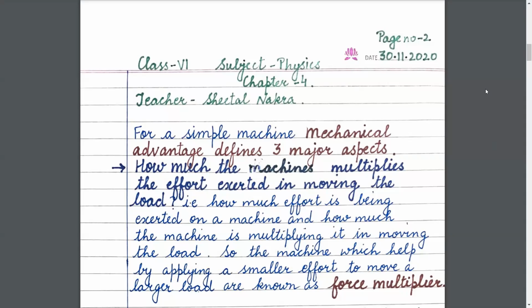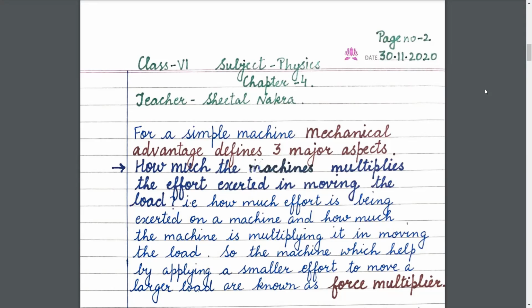For a simple machine, mechanical advantage defines 3 major aspects. Number 1, how much the machine multiplies the effort exerted in moving the load, which means how much effort is being exerted on a machine and how much the machine is multiplying it in moving the load.